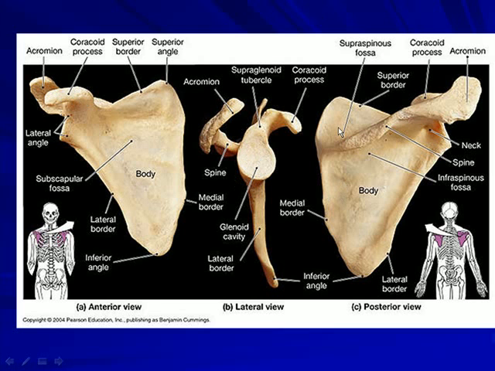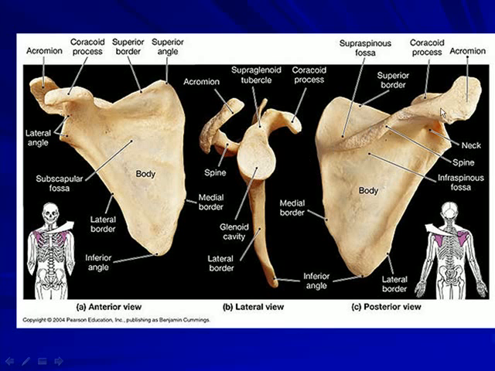You should be able to identify the three major fossas on the scapula. This includes the subscapular fossa. This is on the anterior surface of the scapula. You should be able to identify on the posterior surface of the scapula the supraspinatus fossa and the infraspinatus fossa.